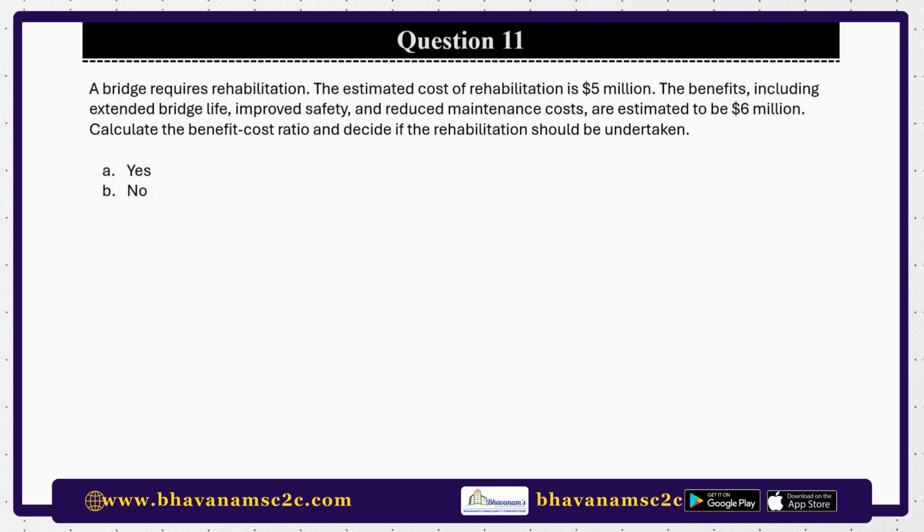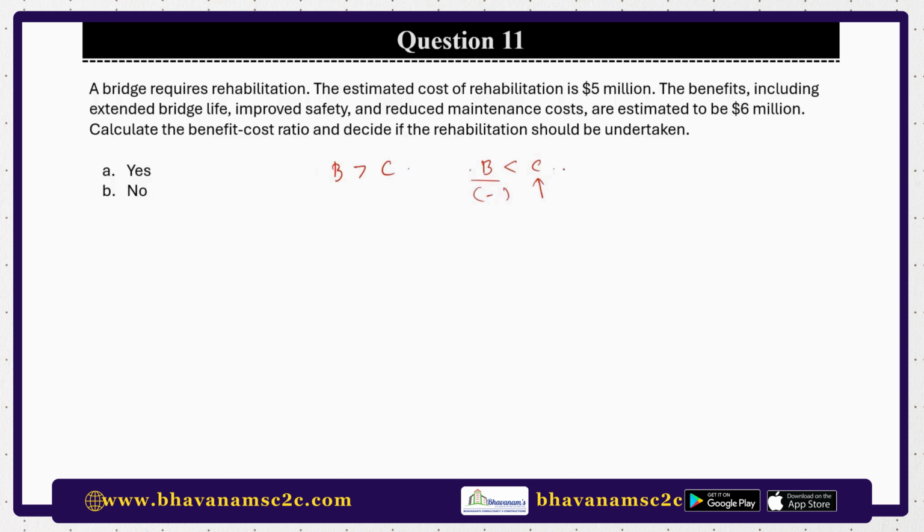At the end, they asked us to find out whether the project has to be considered or not. In that case, it is apparent that your benefits should be greater than cost. If your benefits are lesser than your cost, it means you are investing more on cost and it is not giving you much output on the benefit.